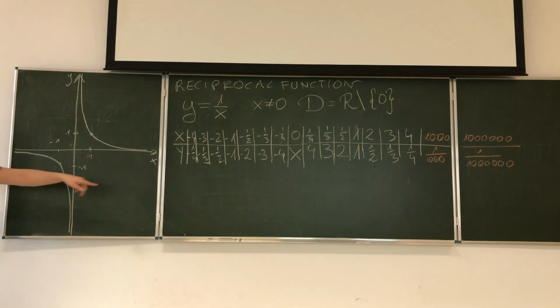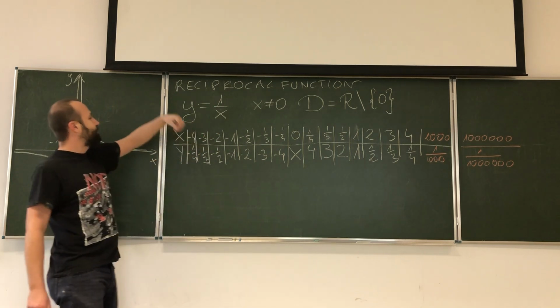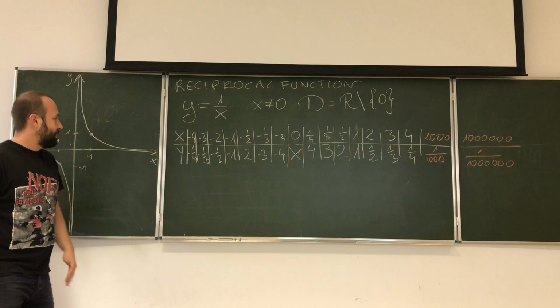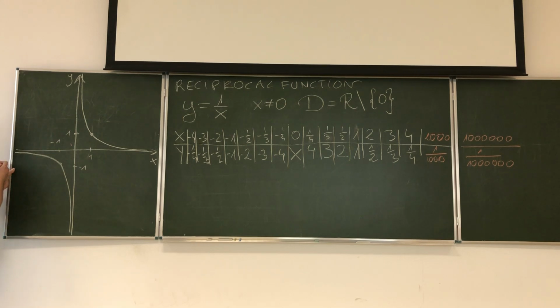Look, here, as x is getting smaller and smaller and smaller, we are dividing by a bigger, in absolute terms, negative number. And look, we are also getting closer and closer and closer to x-axis, but we can also never reach it.